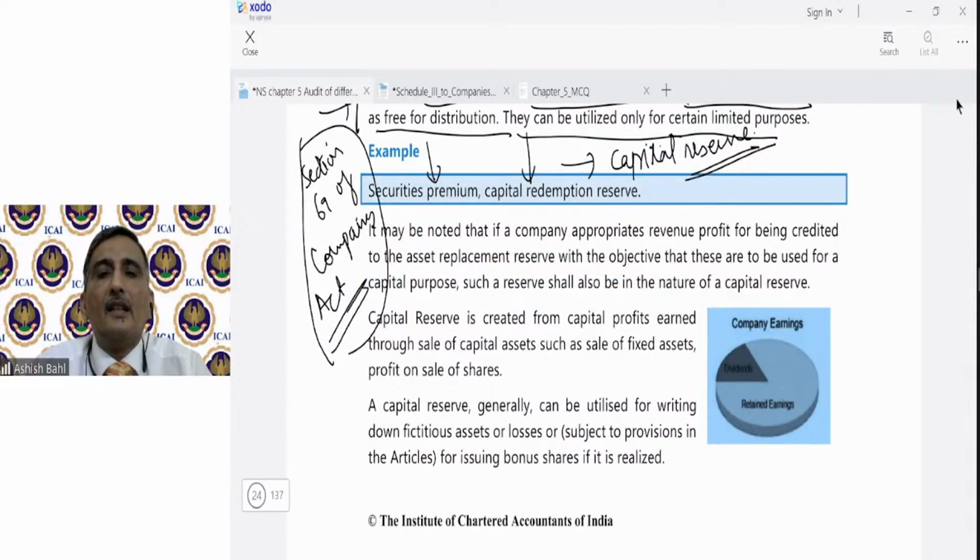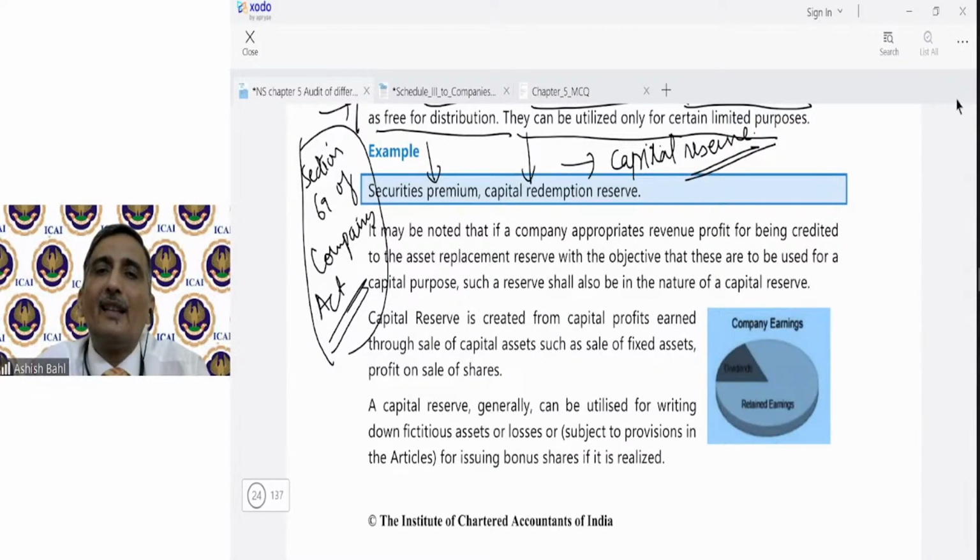When a company buys back its shares, purchases its own shares in accordance with section 68 of the Companies Act, then under section 69 it has to create a reserve equal to the nominal value, the face value of shares, known as capital redemption reserve.